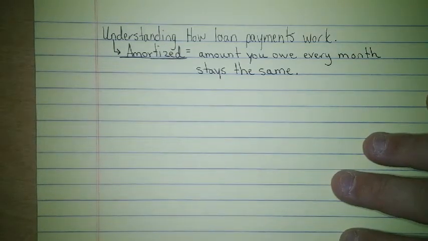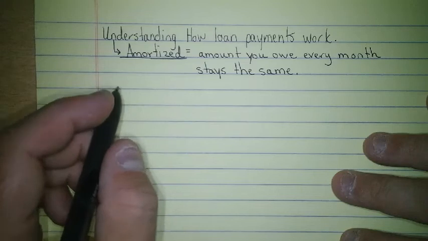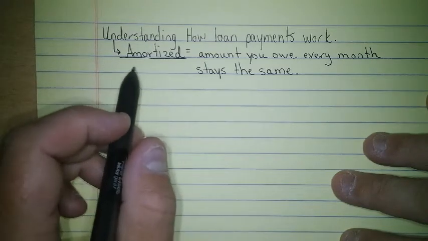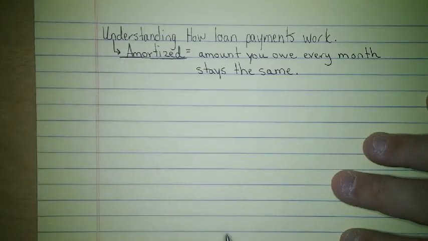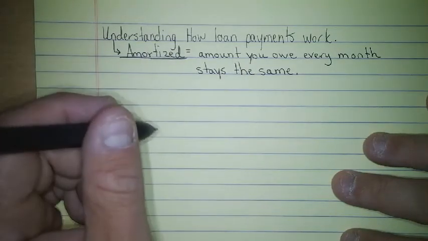All right. Now, a little bit later in class, I'm going to show you a worksheet I'm going to send to you online that deals with this amortization thing, and it shows you how it works. I'm going to give you like a graph like what he showed you online. Okay. But the next part of this is understanding how loan payment works.